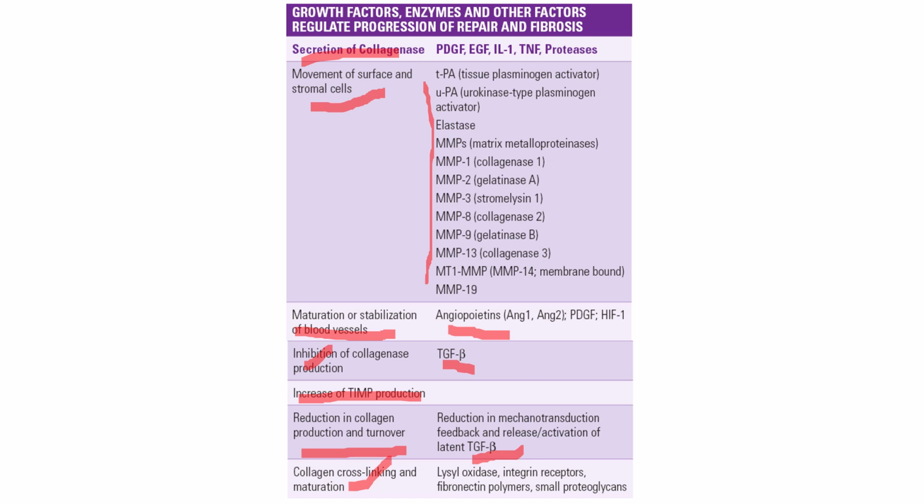So the balance between MMP, TIMP, growth factors, and mechanotransduction ultimately determines whether repair leads to normal healing or pathologic fibrosis such as keloid formation or organ fibrosis.